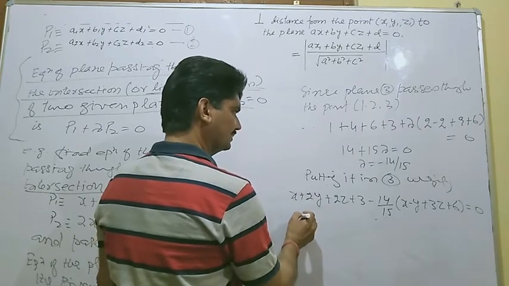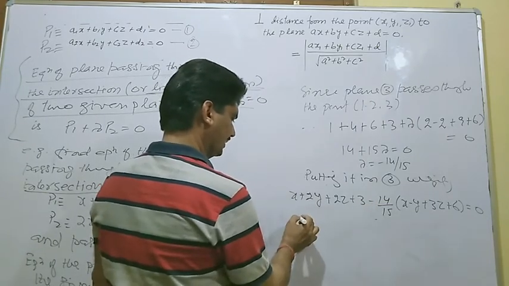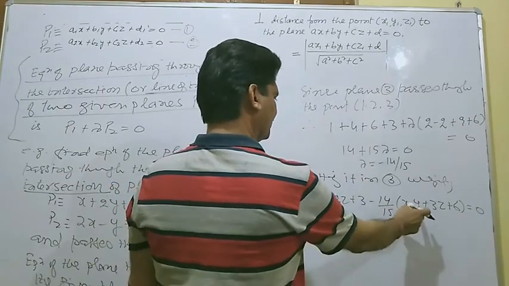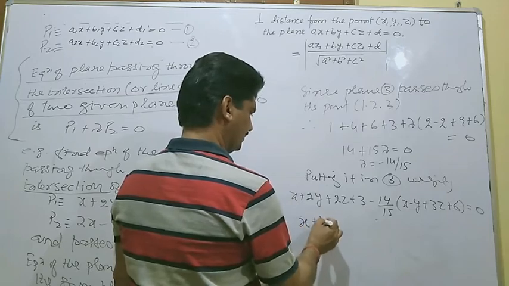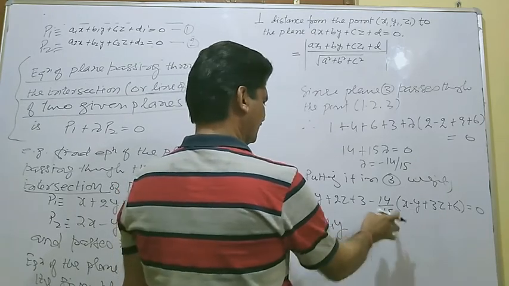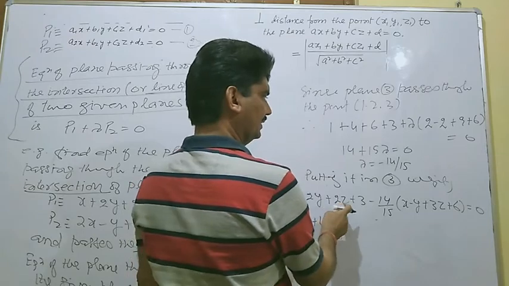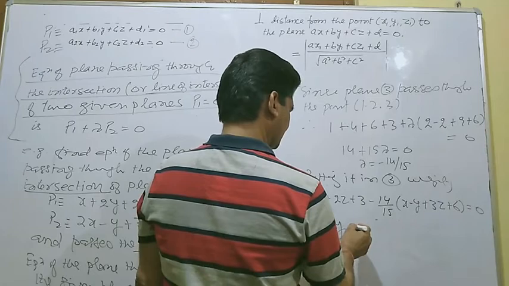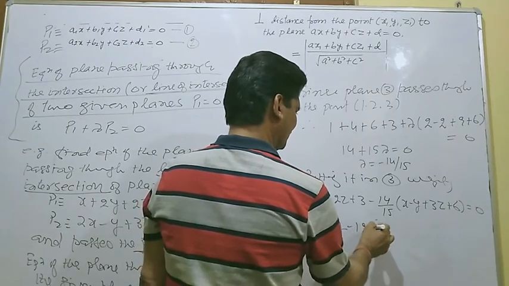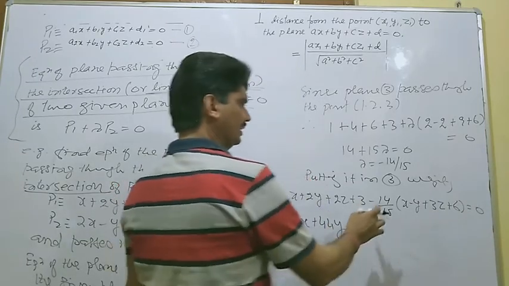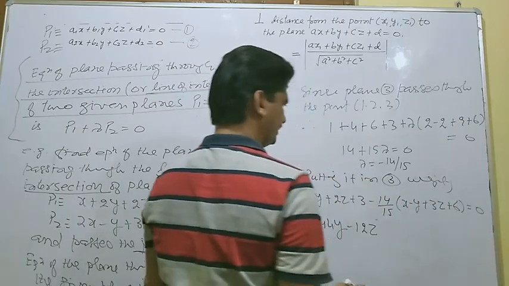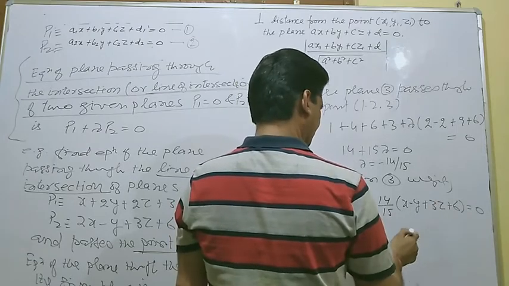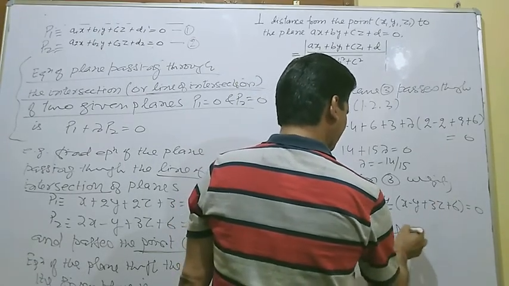So 15x minus 14x, that is x, and 30y plus 14y, 44y, plus 30z minus 42z, that is minus 12z, 45 minus 84, that is minus 39, equal to 0.